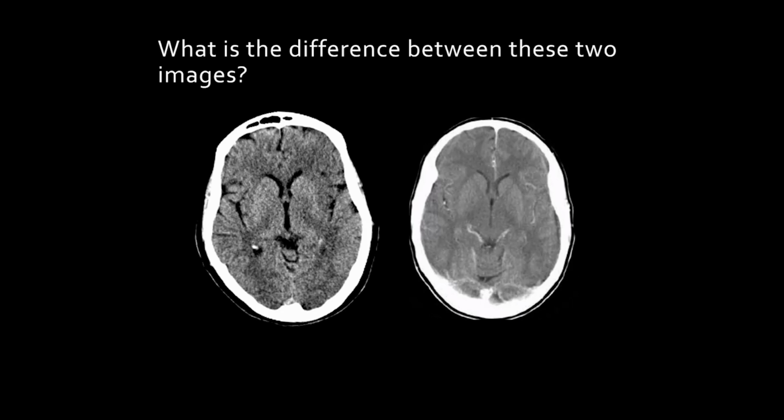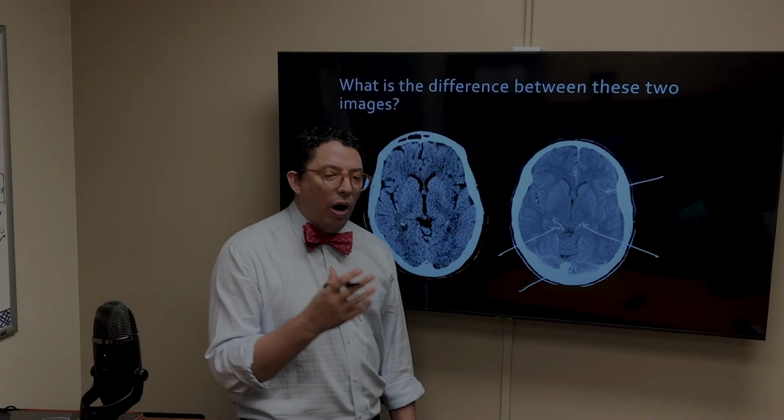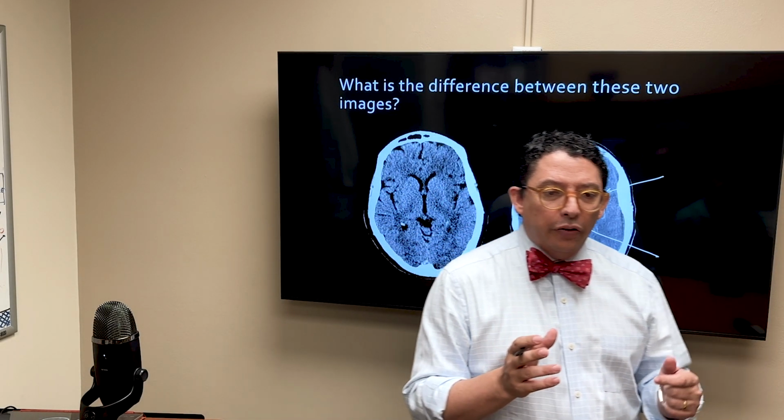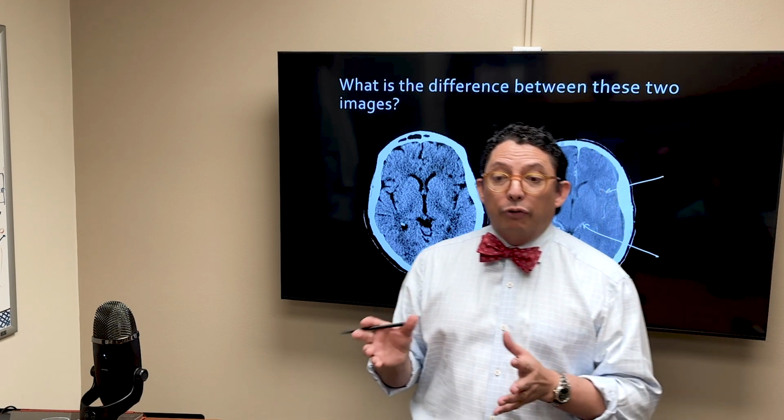Correct. You see these squiggly structures, and you see brightness right there that you couldn't see in the image on the left. So what makes the image on the left and on the right different?